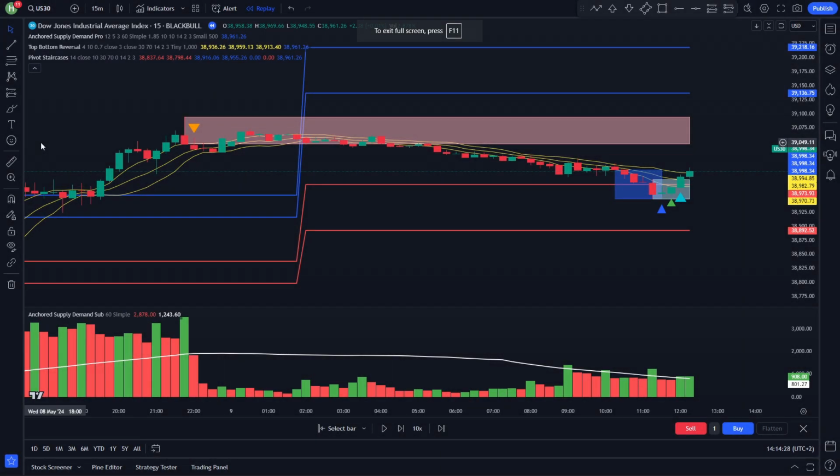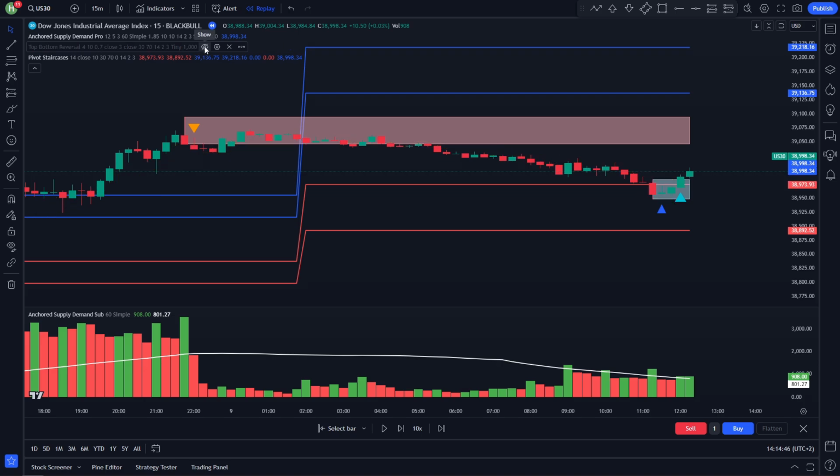Next, let's explore the exact rules for entering a buy trade. For this example, I've selected the Dow Jones Industrial Average or US 30 in the 15-minute time frame. For a valid buy trade, firstly we are waiting for the top-bottom reversal indicator to identify the end of the current downtrend and a potential upward reversal in price.